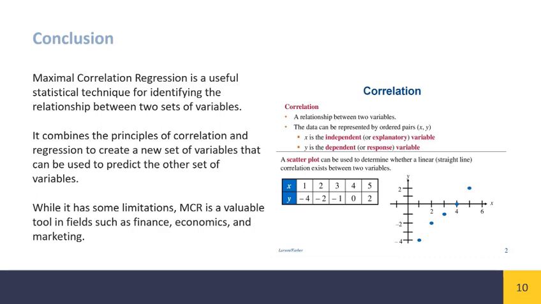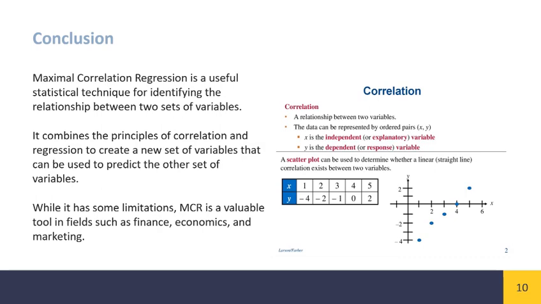As correlation is a relationship between two variables, the data can be represented by ordered pairs like (x, y), where x is the independent or explanatory variable and y is the dependent or response variable. Now we see a scatter plot can be used to determine whether a linear correlation exists between two variables, I mean whether a linear or straight line correlation exists.